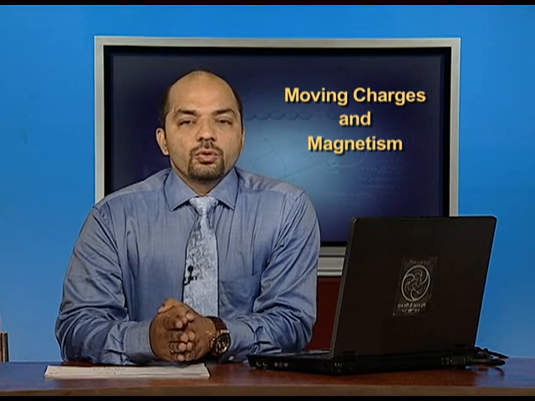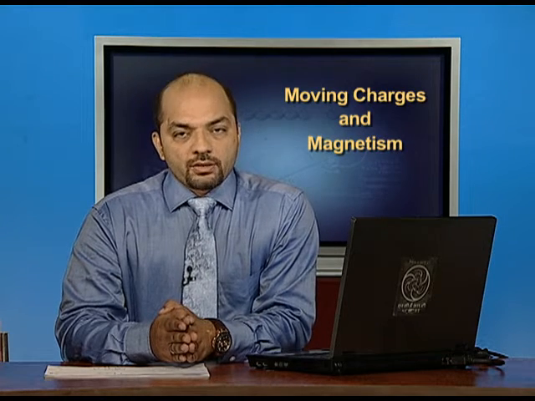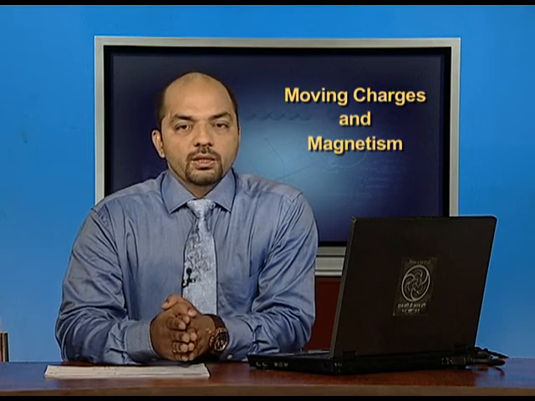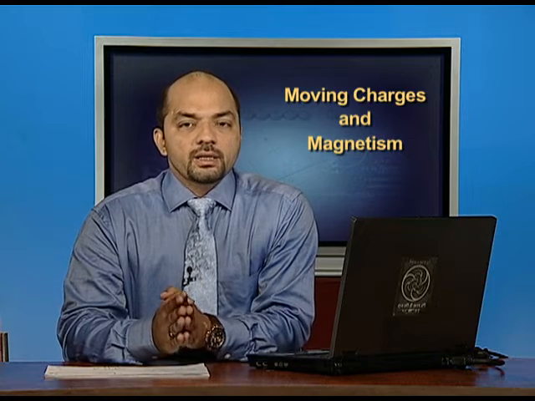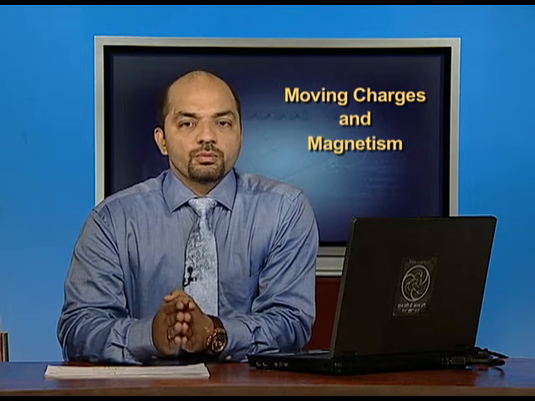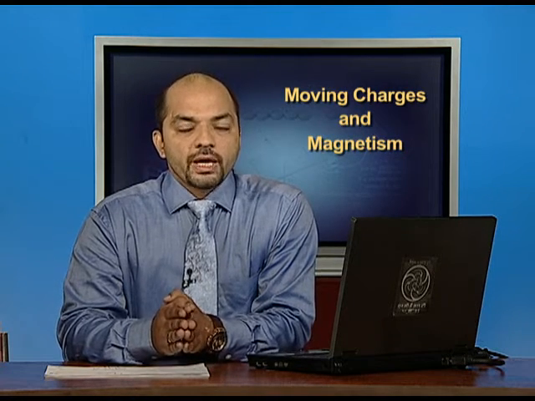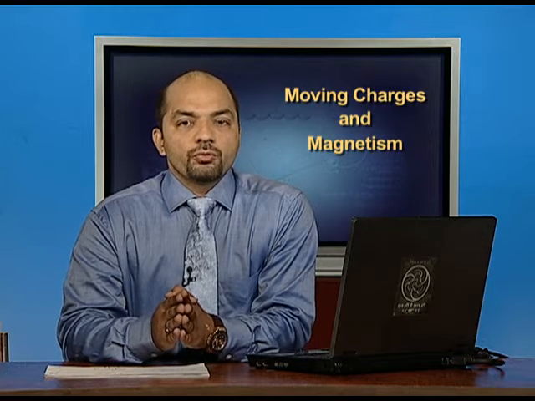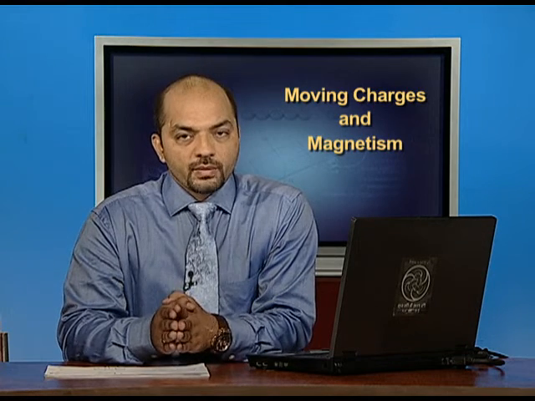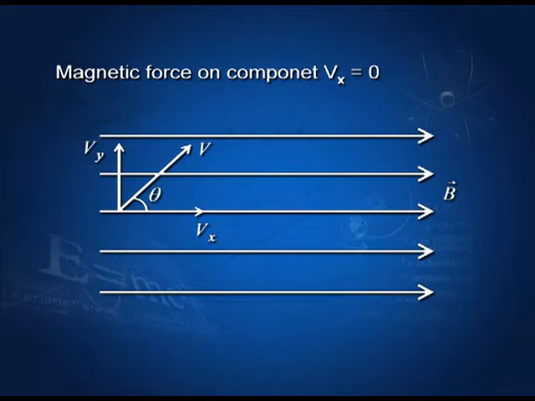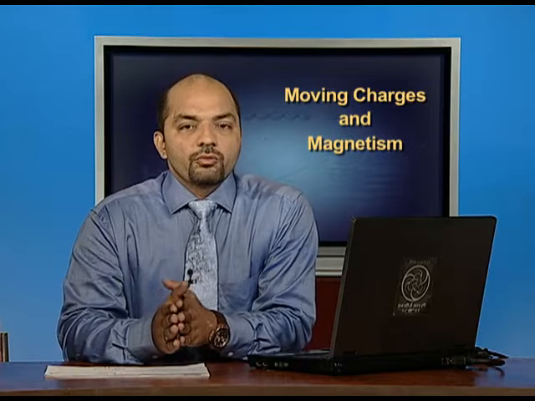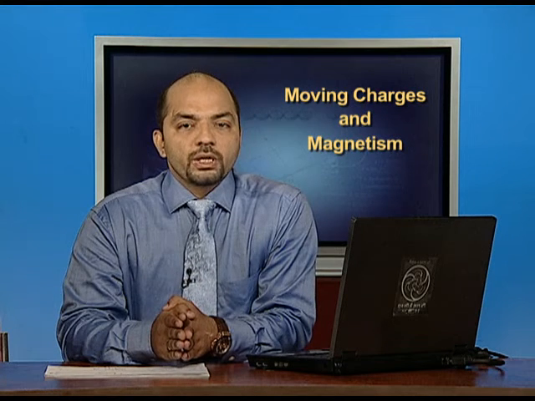So, we have to calculate the magnetic force on the component Vx, as Vx is parallel to the magnetic field B. So force F equals q into Vx cross B, and as Vx and B are parallel, the magnetic force on the component Vx will be 0. Now, we will calculate the force on the component Vy.